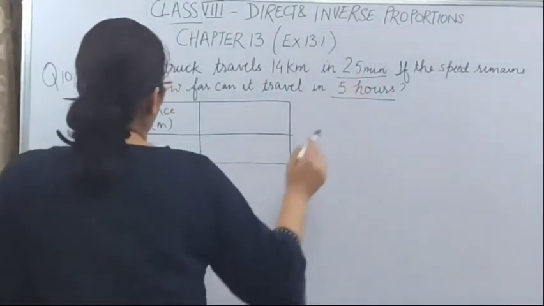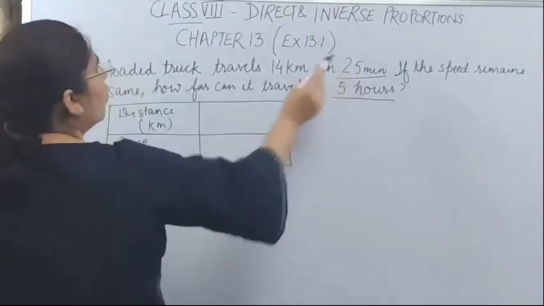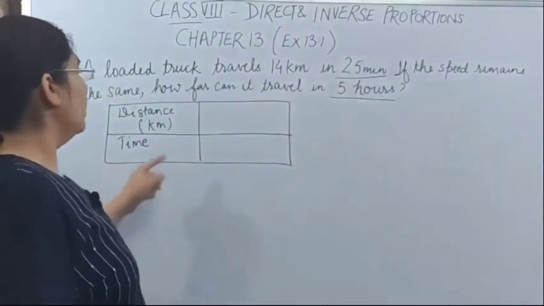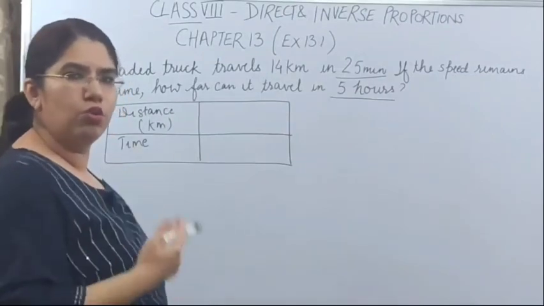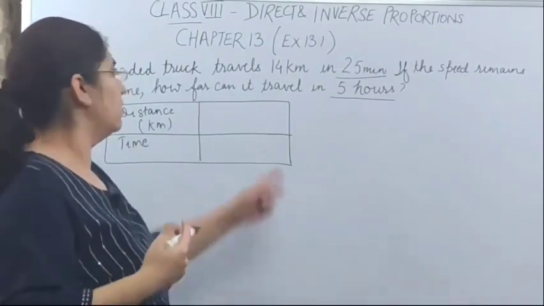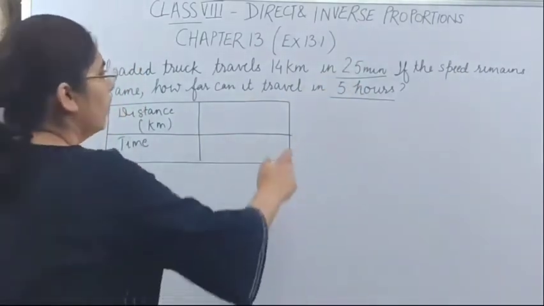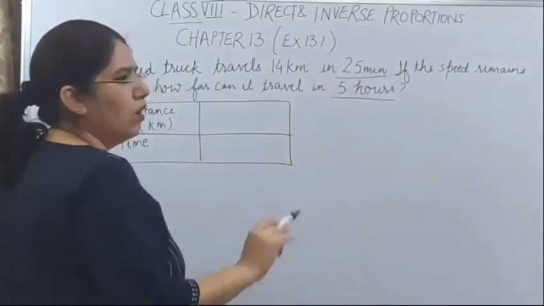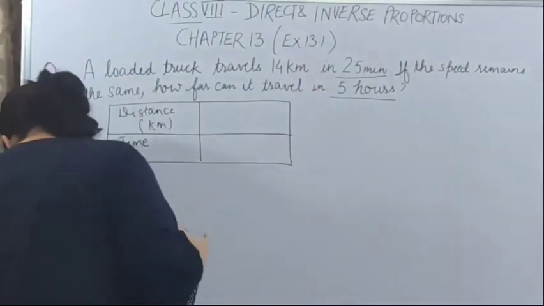So here, when the same quantity is given to you in two different units, then you have to ensure that you convert the two quantities to the same unit. So either we make hours into minutes or minutes into hours, right? So what do we do here?